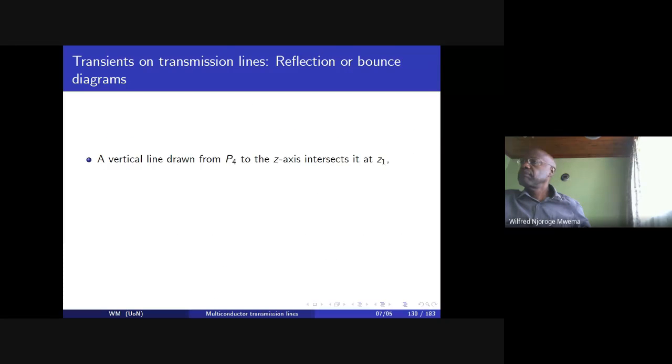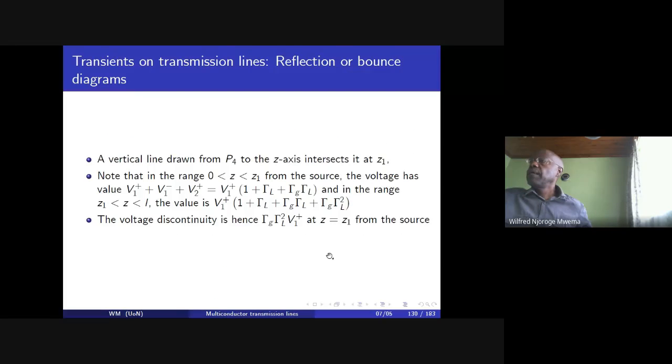Therefore, when we add these values together, in the range beyond Z1 we have only those voltages there. And therefore, the voltage discontinuity is just gamma G gamma L squared V1 plus at z equal to Z1. That is, to one side, the voltage is higher than the other one.